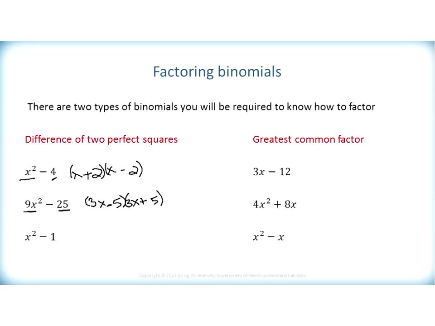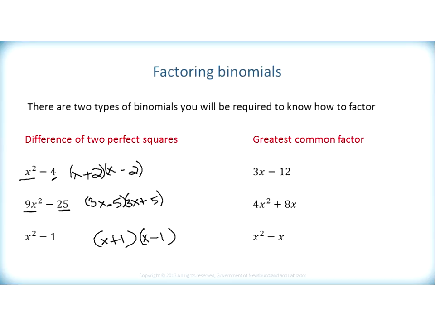The last one we have x squared subtract 1. We see that x squared is a perfect square and 1 is a perfect square. So x plus 1, x subtract 1.